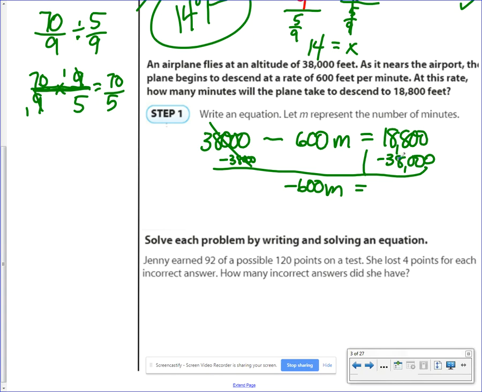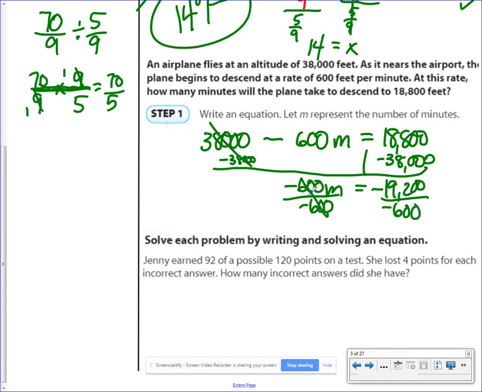All right, when you do that, I believe we get negative. I'm going to grab my calculator to check, but I think it's 19,200. Minus 18,800. Yep, 19,200. All right, now we just have to divide by negative 600. Negative 600.